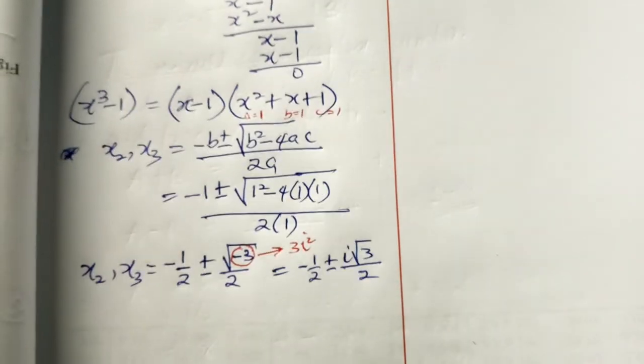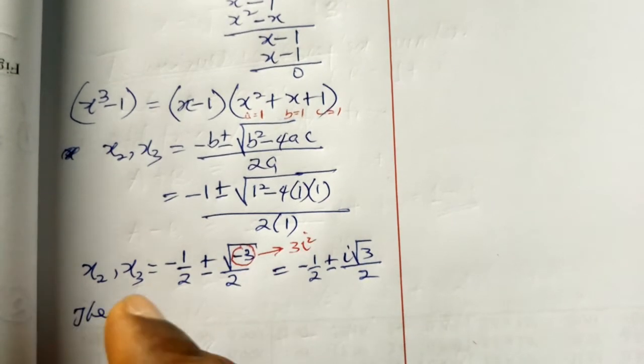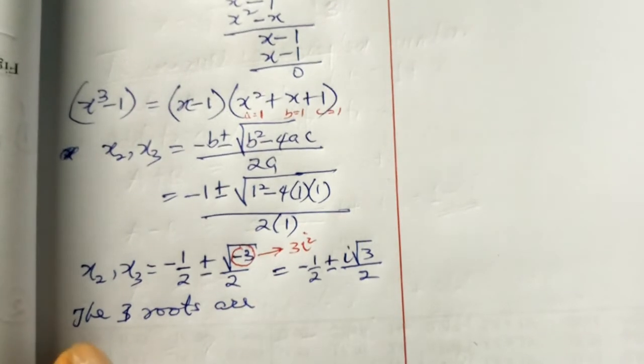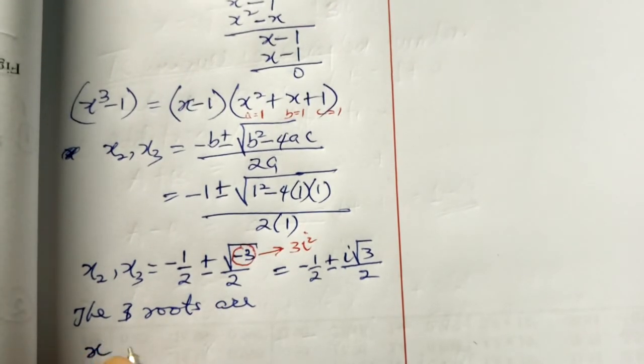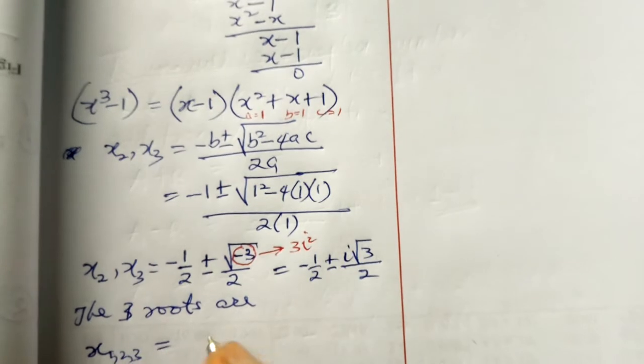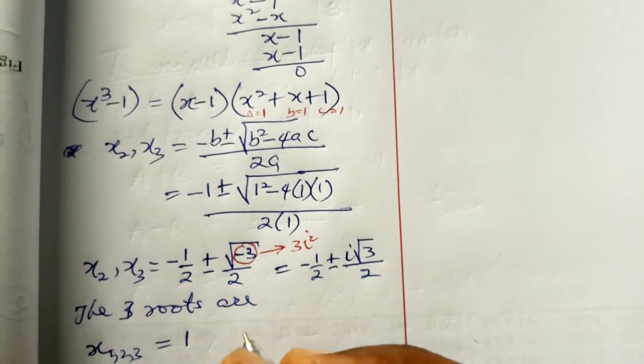So the three roots, or the three factors if you like, are x1, x2, x3, and there are 1 for the first one.